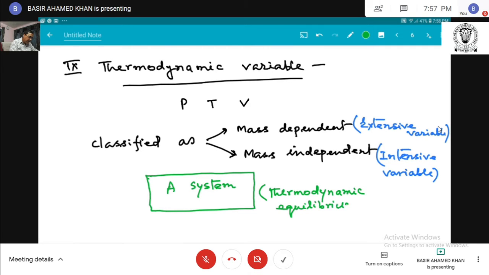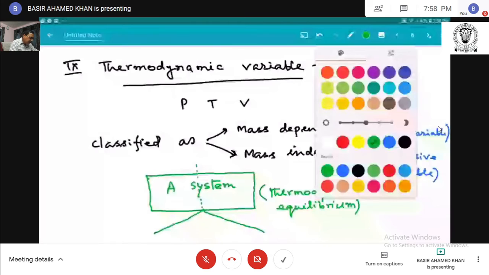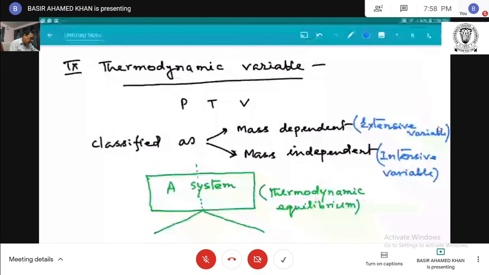That means I consider a system which is thermodynamically in equilibrium divided into two equal parts, that means here and here, divided into two equal parts.